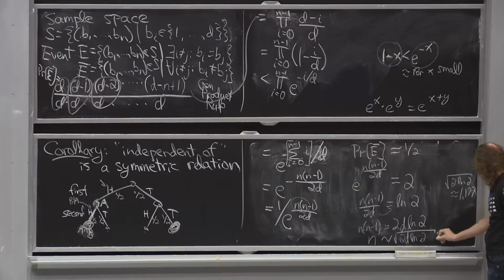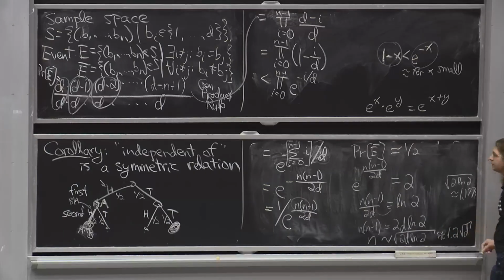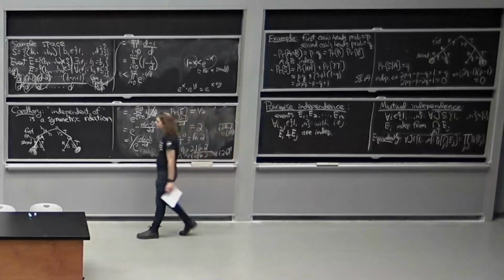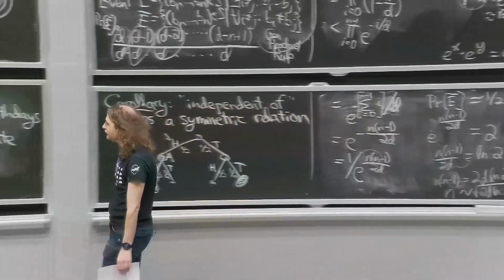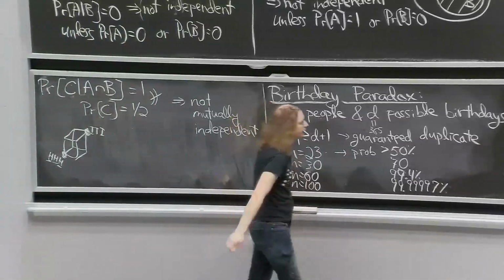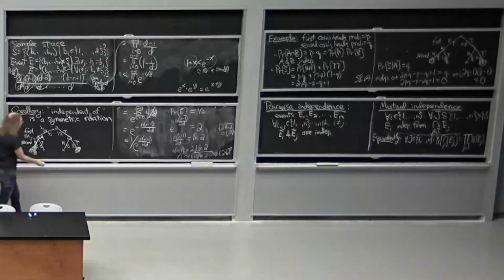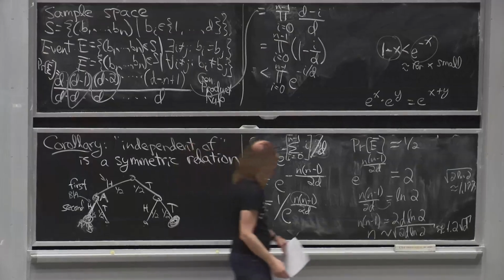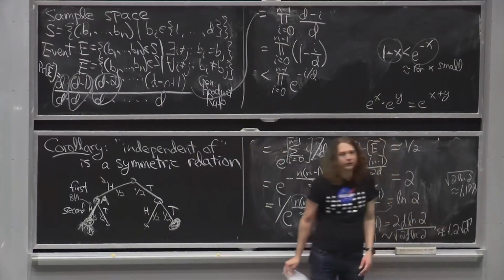So this is about 1.2 times the square root of d. This is what I claimed before. If you take 1.2 times the square root of 365, you get approximately 23. And if you compute it exactly, you get 23. So kind of neat. In general, if we have d days, you need about square root of d people to get a duplicate.